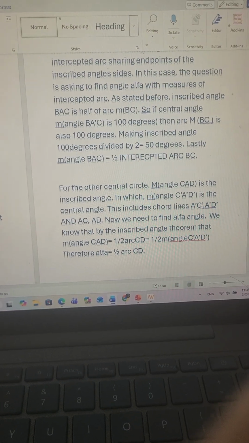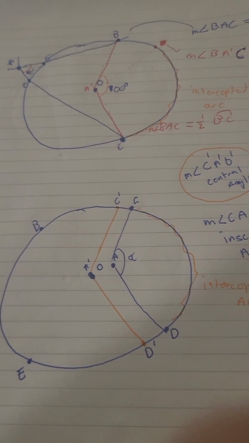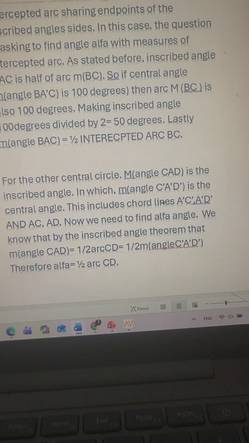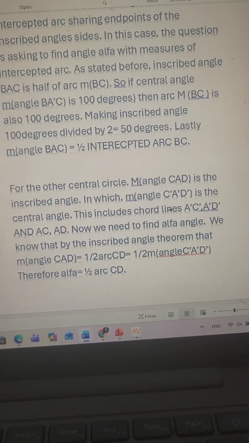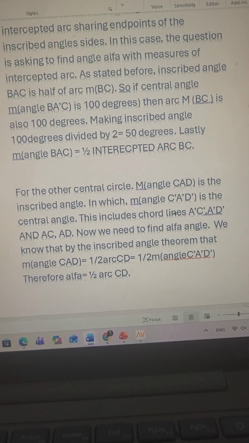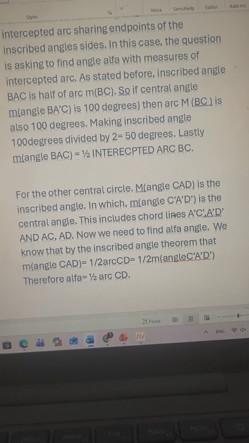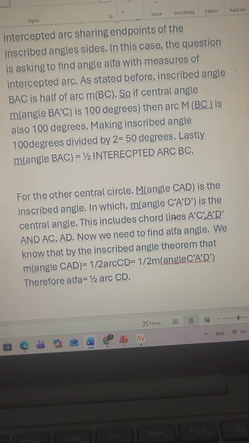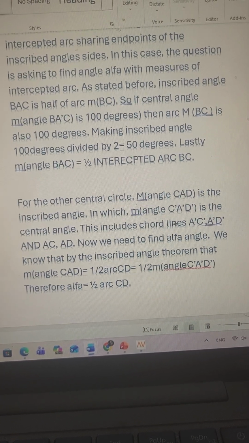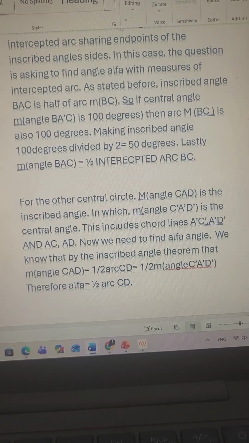For the other circle, this is the other part. I got measure angle CAD as the inscribed angle, in which measure angle C prime A prime D prime is the central angle. This includes the lines A prime C prime, A prime D prime, and AC and AD.